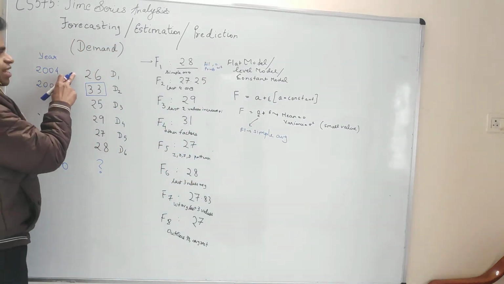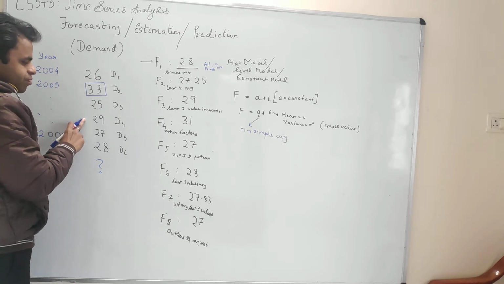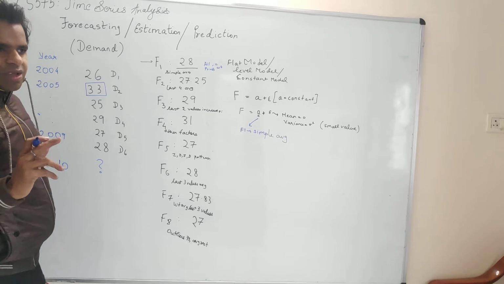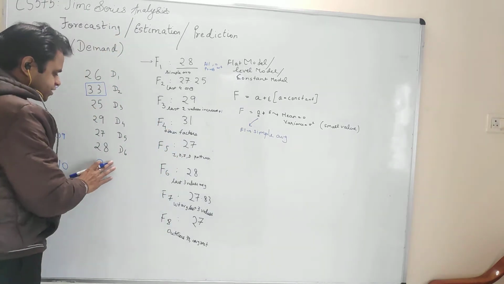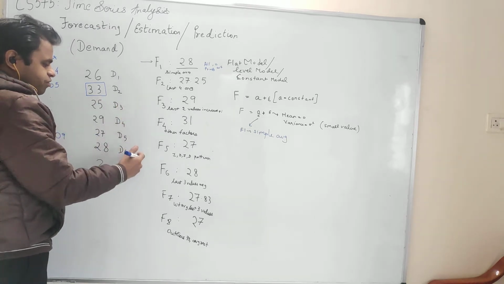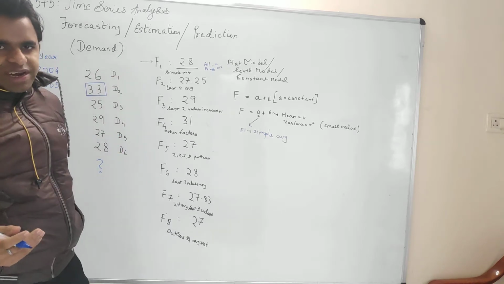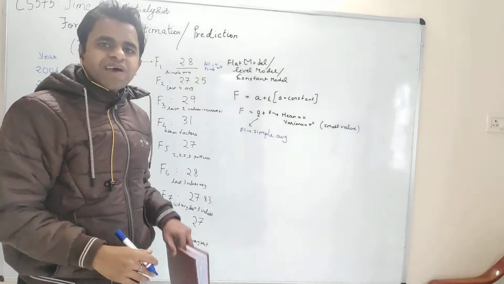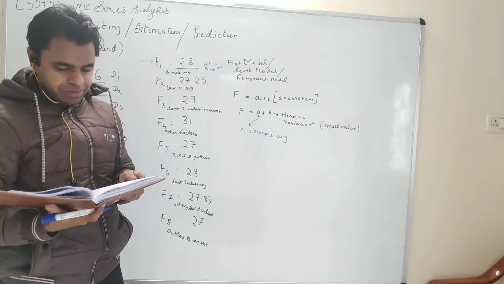It's like 1 into 26 plus 1 into 33 plus 1 into 25 plus 1 into 29 and so on. But what happens if your forecast value inherently depends on the few recent values? The mean may not be a good estimate, because the mean is taking the older values also. So this is the challenge with the mean.